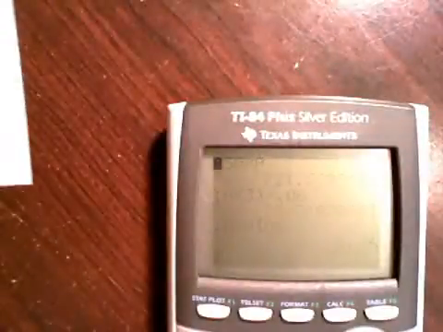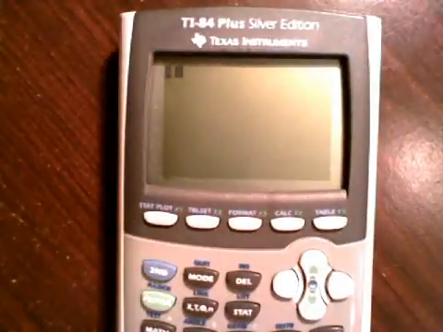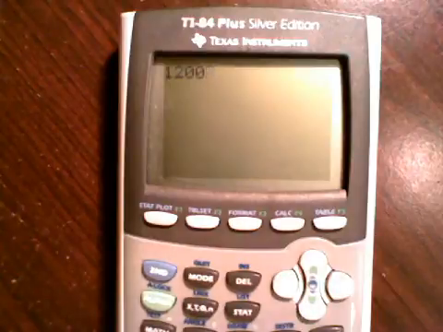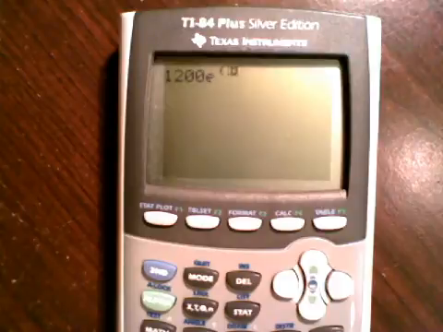Just throw my calculator in here and just type it in just like you see. 1200. You don't even have to put multiplication. Multiplied by 1200e, it knows that it's going to be multiplied by e. Raised to the, you put parentheses here, 0.06 times 6.